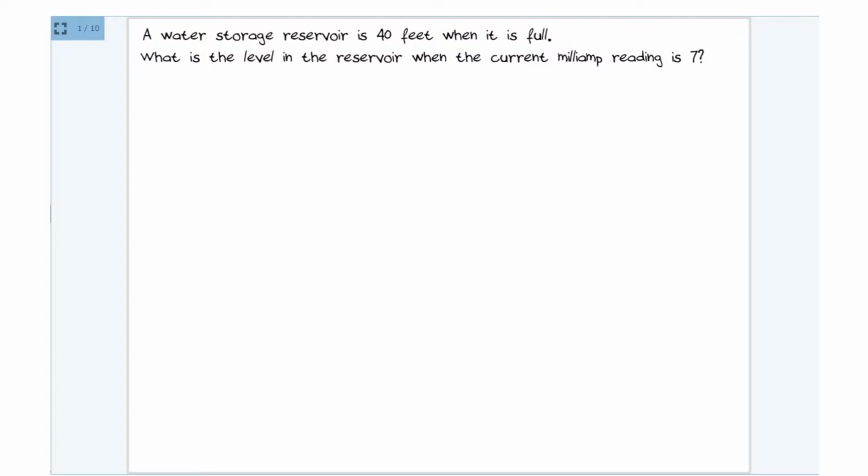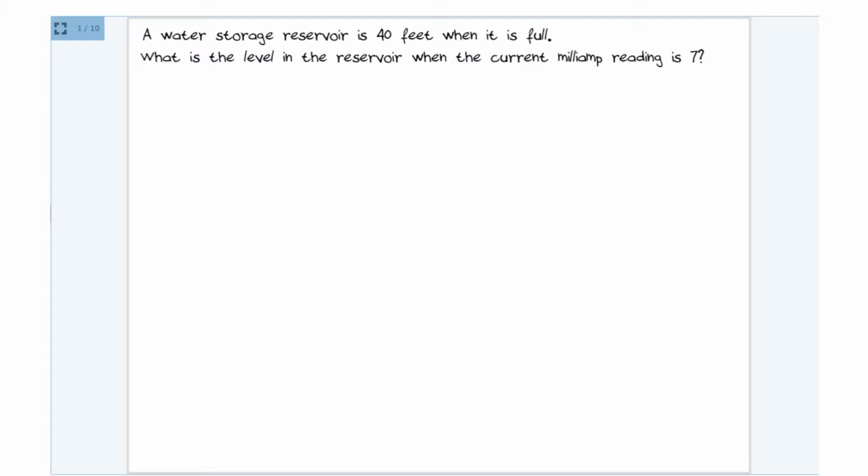And then the next indicator is that we're also given the current electrical milliamp reading, which is 7. So unlike others, this type of question is a little more straightforward. We're given two indicators, and we know that this is going to be that 4 to 20 milliamp span.